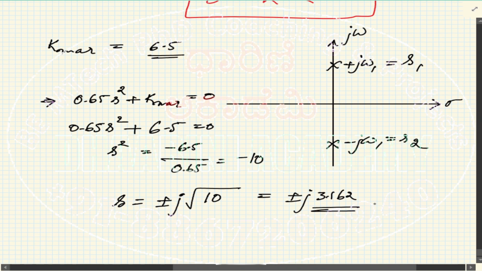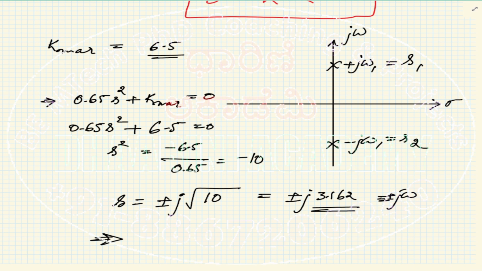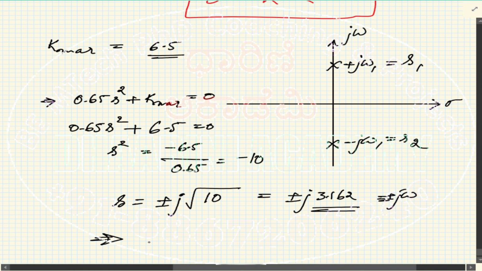I have to compare this with plus or minus j omega. This implies the frequency of oscillation I can directly find, it is omega itself. So we can see that the omega value is equal to 3.162 radian per second.